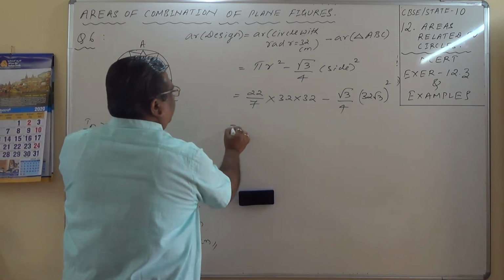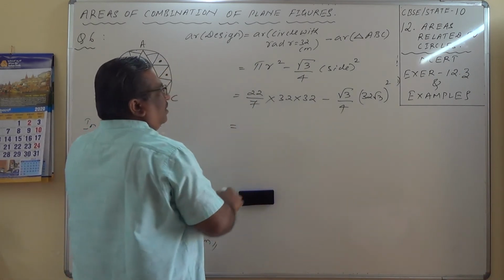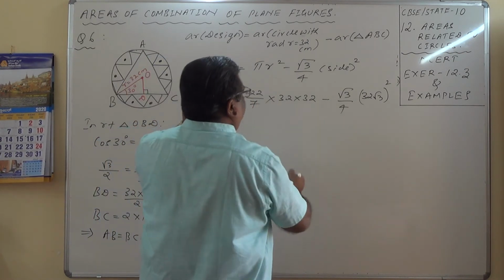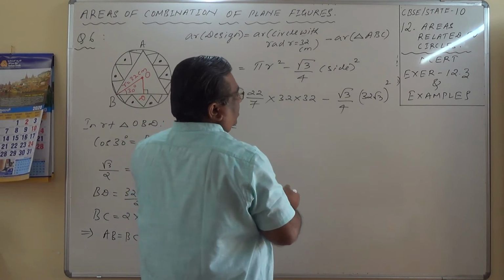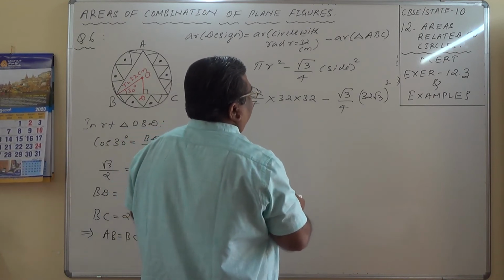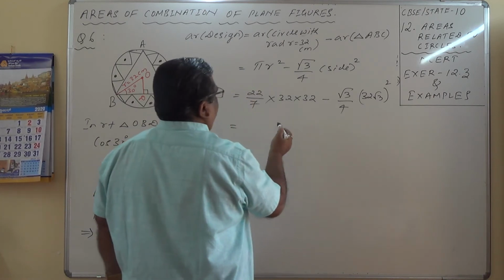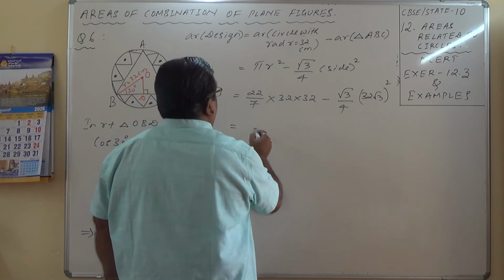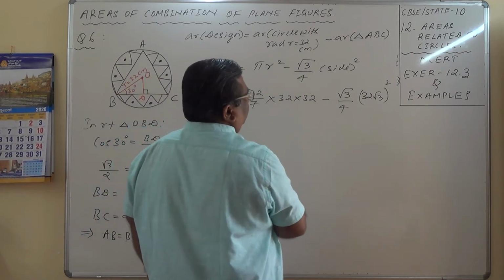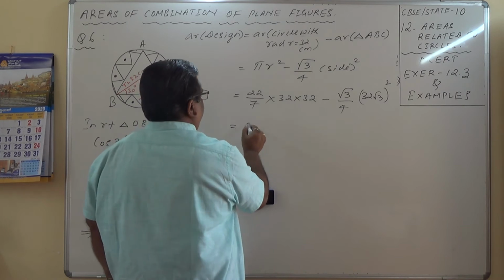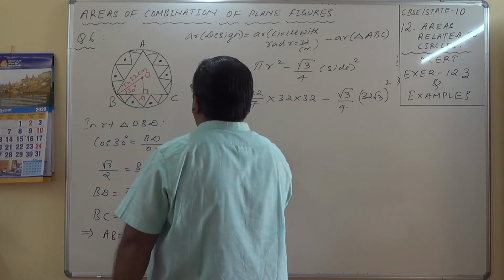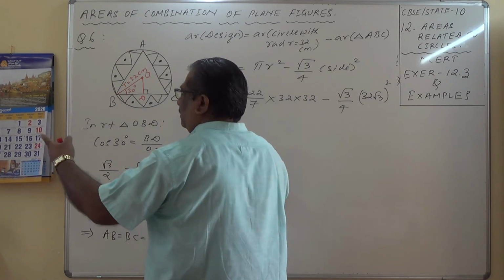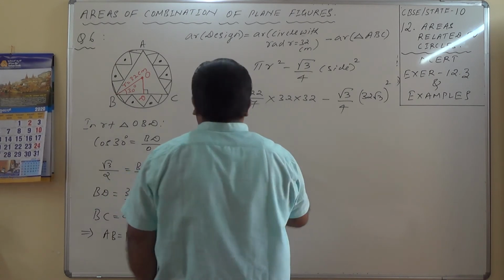So let us work out this one. See here, 32 into 32, I would like to take it common. Let's solve a little bit. Pi is 22 by 7.